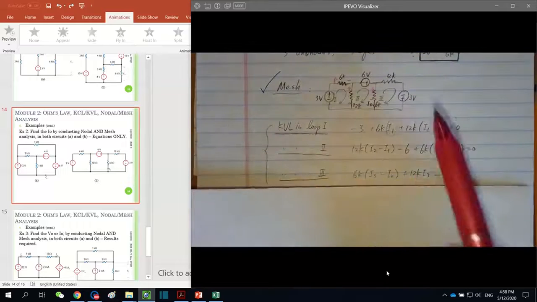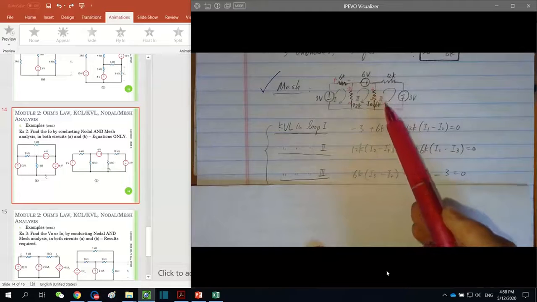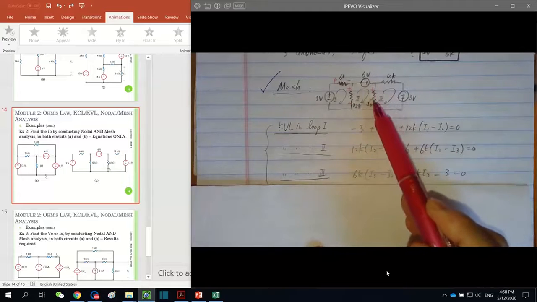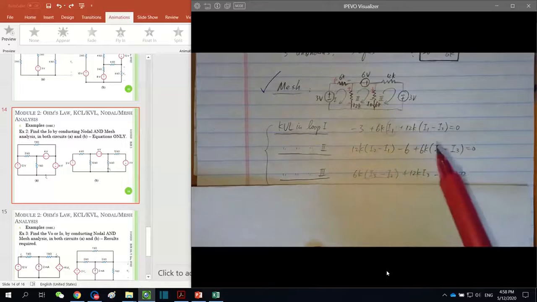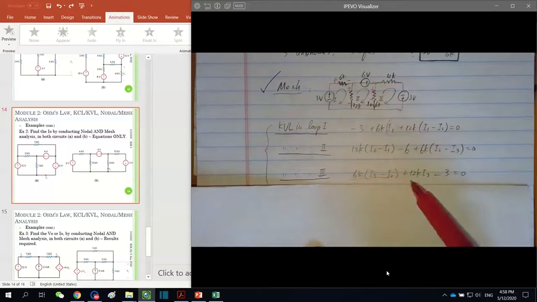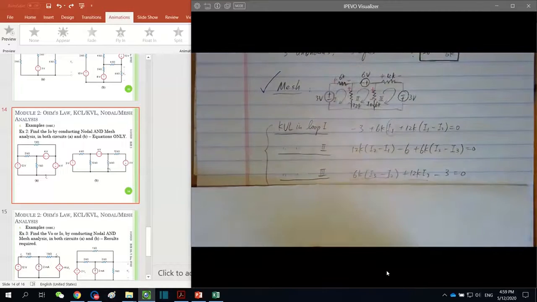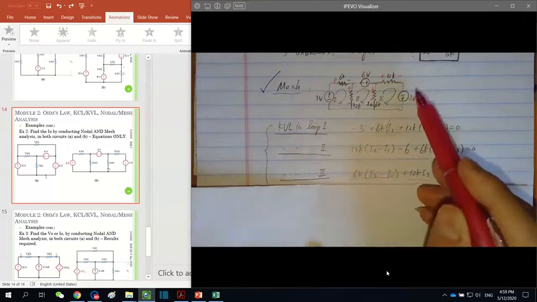The last one is here. So you have 6K times I2 minus I3, however negative here, plus 12K times I3 with polarity like this, lastly minus 3 volts here equals 0.